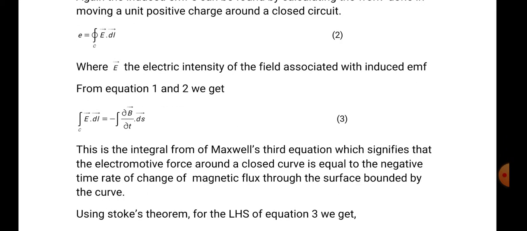This is the integral form of Maxwell's third equation, which signifies that the electromotive force around a closed curve is equal to the negative time rate of change of magnetic flux through the surface bounded by the curve.